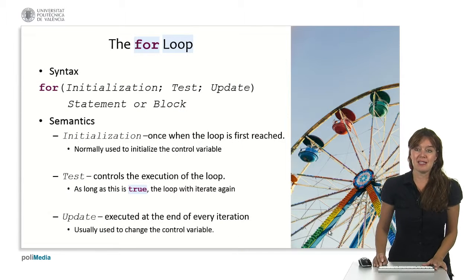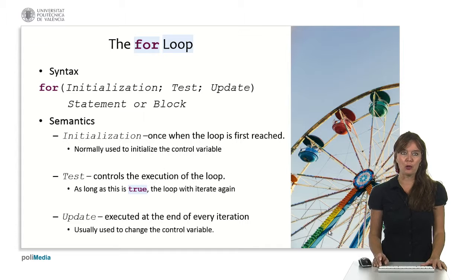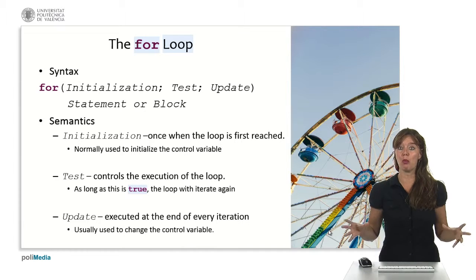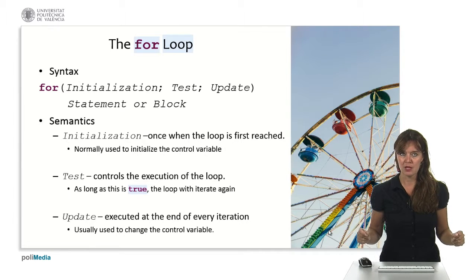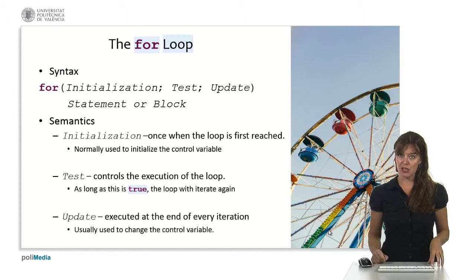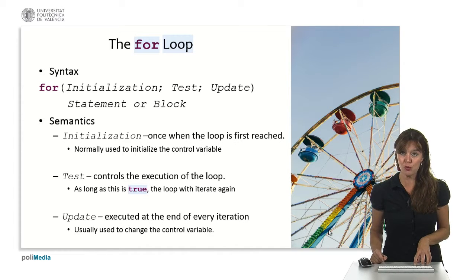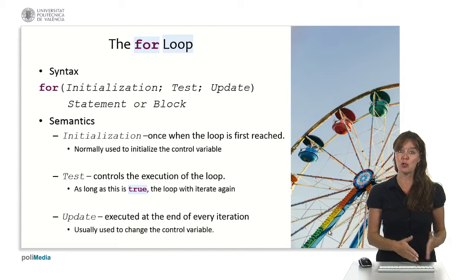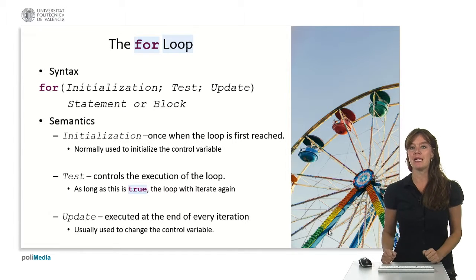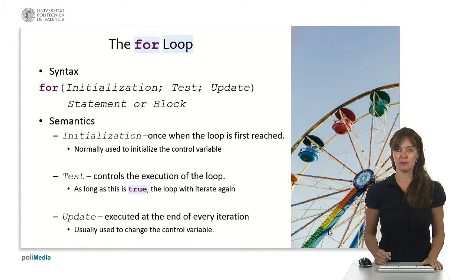So let's look at the syntax and the semantics of this for loop. It has a keyword for, and then we have initialization, a test, an update, and after that the statements or a block of statements that we want to execute. So the initialization initializes the counter, the test is a boolean expression that is true or false and indicates whether we have to stop the loop or not, and update indicates what we need to do with the counter.